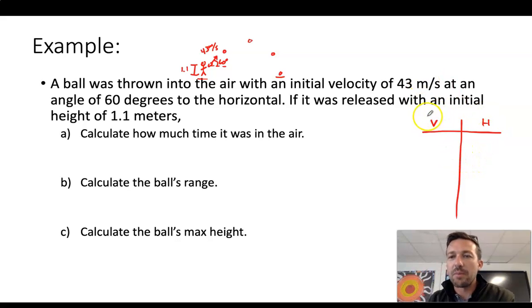And remember, over here with the vertical, you can use the big three formulas. So you got v equals v naught plus a t. You got your x equals x naught plus v naught t plus a half a t squared.